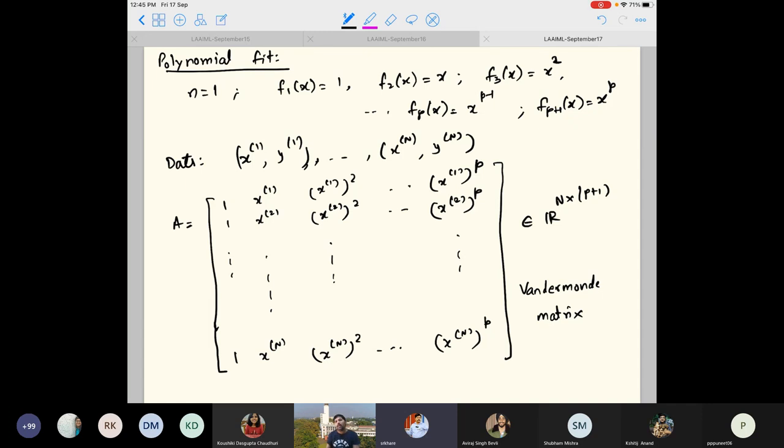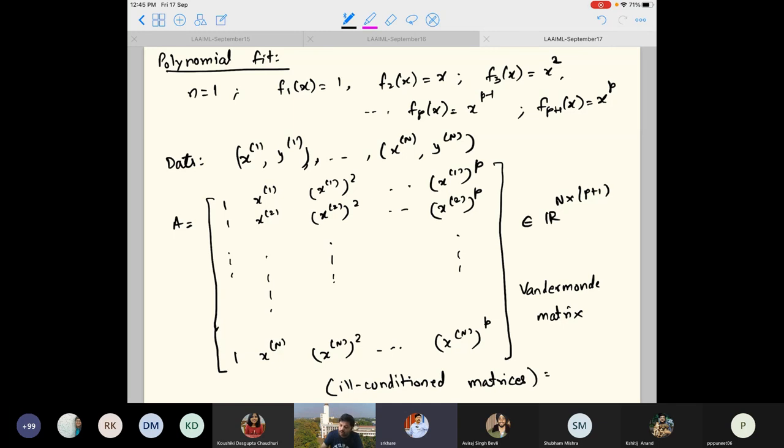So one of the things that I will ask you to check for these Vandermonde matrices is that they are typically ill-conditioned matrices. So what is an ill-conditioned matrix? You have to look at the condition number of this matrix.